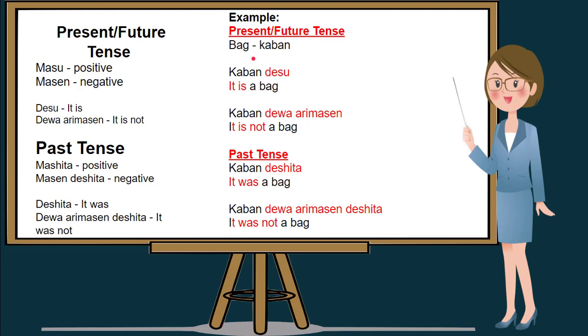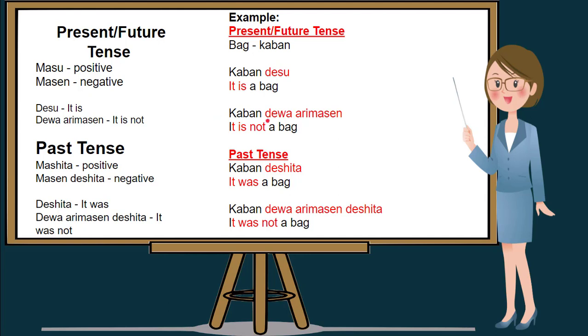For the present tense, we will be using des, which is a positive present tense. So des means it is, and kaban means bag. If we read kaban des, it means it is a bag in English. Next, we will make this positive sentence into a negative present tense sentence.